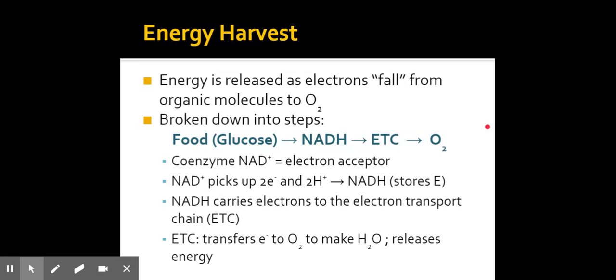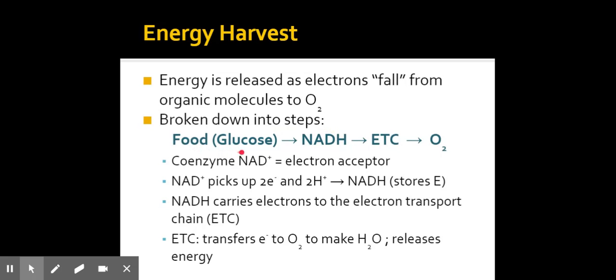If energy is released all at once, it can't really be harnessed efficiently for constructive work. So we need a stepwise process for it to occur. Basically, cell respiration doesn't oxidize glucose in one explosive step. It's going to break it down in a series of steps.